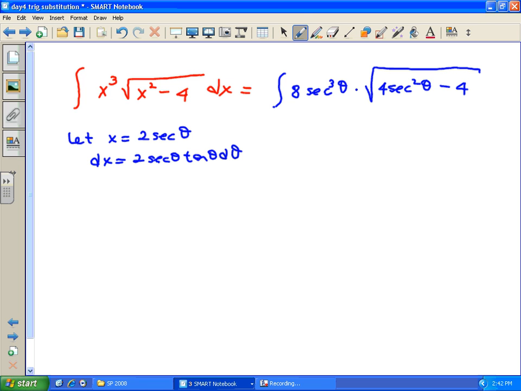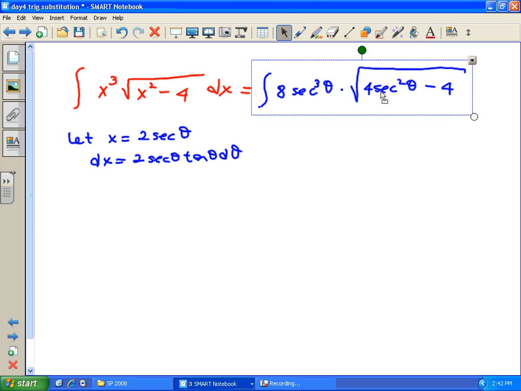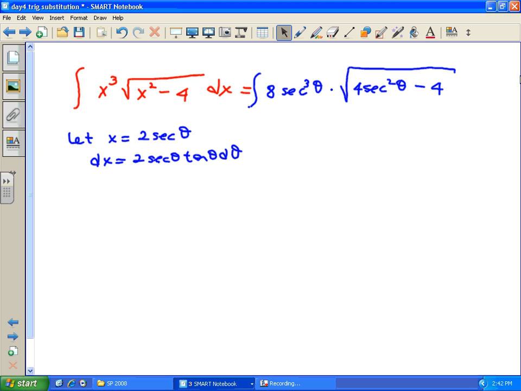Okay, looks like I ran out of space there because I want to rewrite dx in terms of theta as well. See if I can move this a little bit. Okay. So now for dx, I will write 2 times secant theta tangent theta d theta.